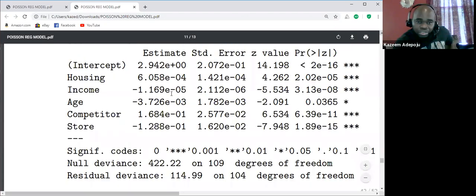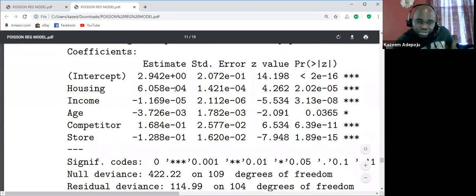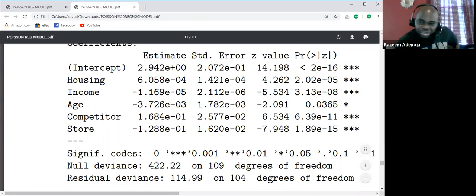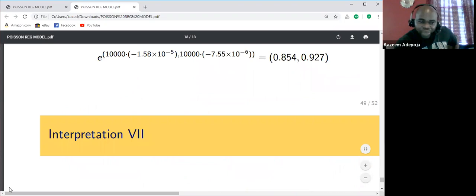The beta 1 is very, very small, this is 0.0006, and also the standard error is so small, but it is significant. We also experience that in linear regression, a situation whereby the estimate is very, very small, but it's still significant. And that's exactly what I'm trying to talk about.